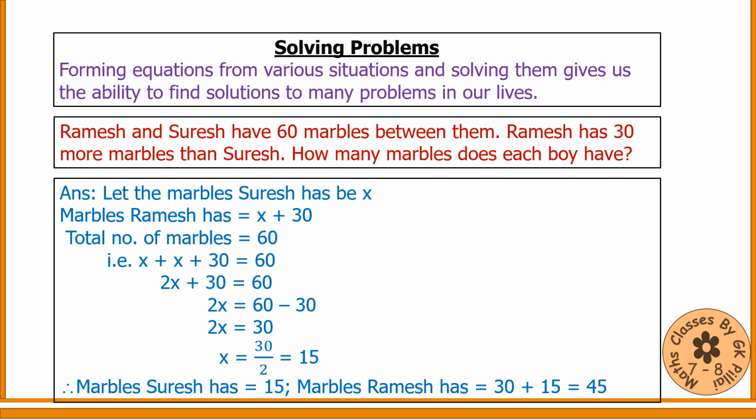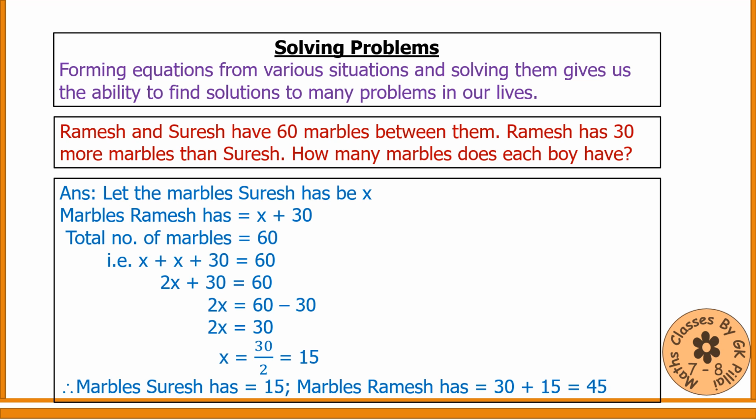Another important part of this chapter is to form equations from situations given and solve them to find the unknown. Most of these sums are related to, and also help us to find solutions to, problems in our daily lives. In this video, I will be discussing limited examples from your textbook.